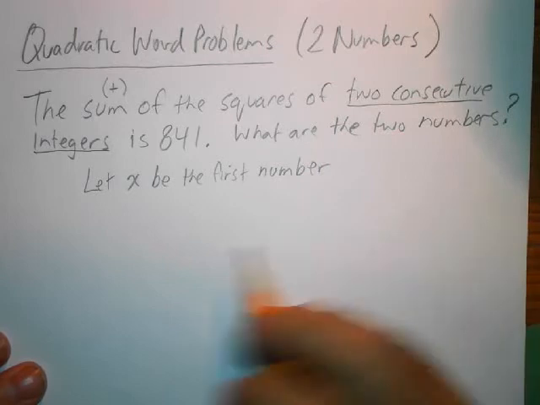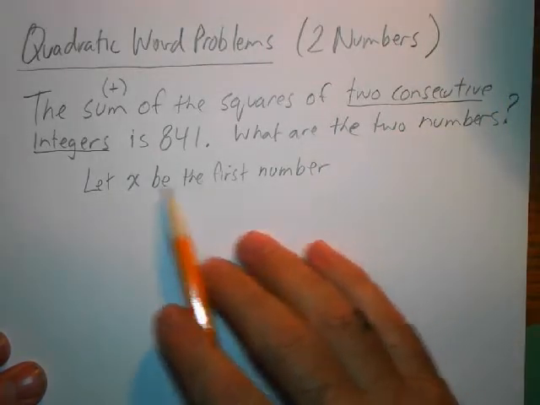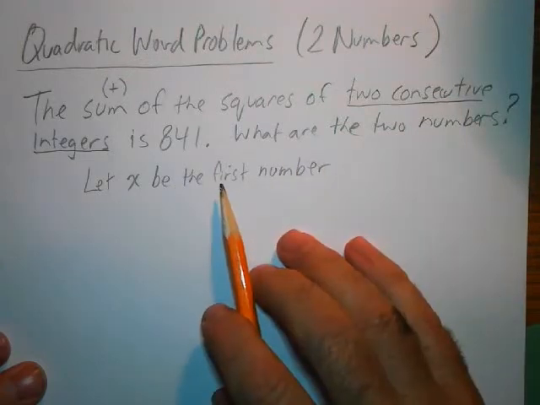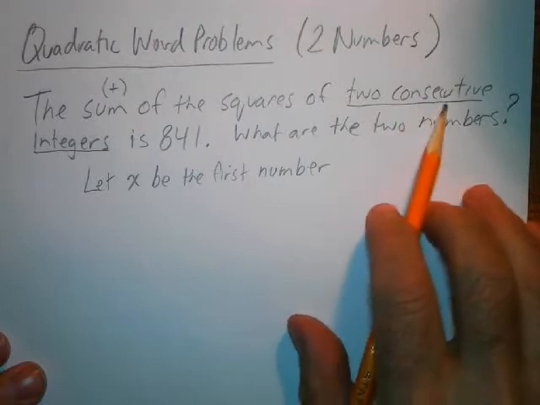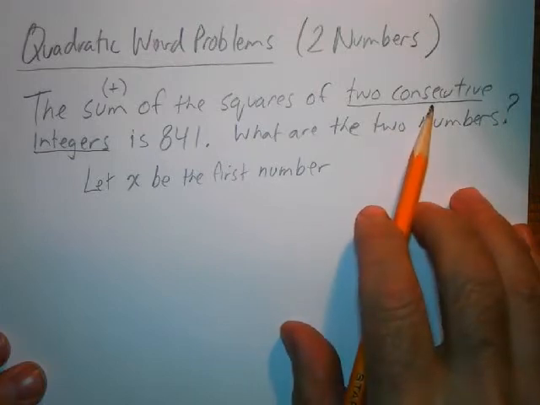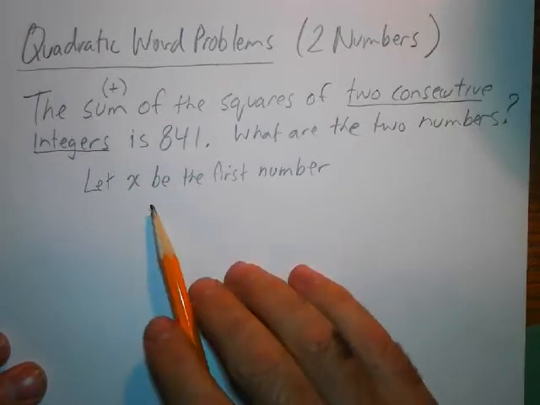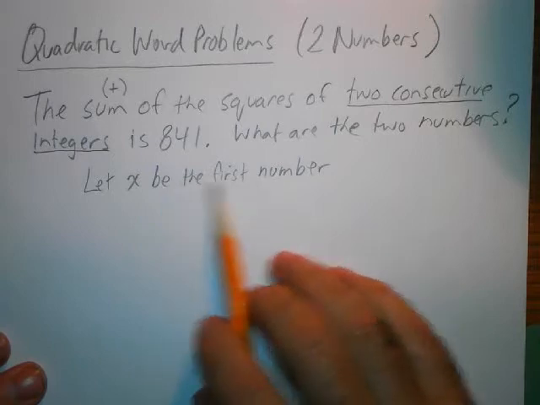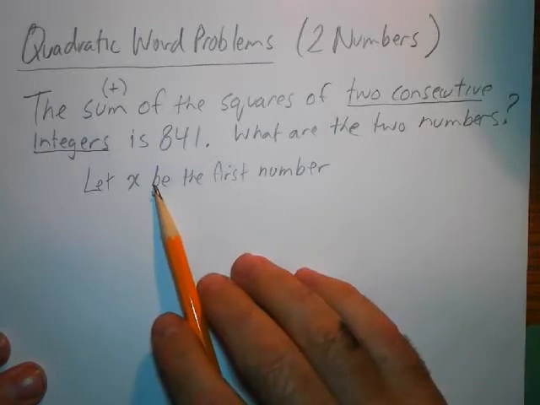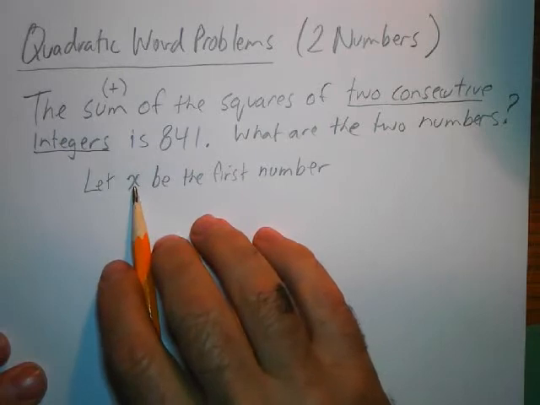Okay, so for example, maybe the number is 5. Okay, so if the first number really was 5, well, what would the second number be? Well, it's consecutive. So consecutive means in a row. So if one was 5, the other one could be 4, could be 6. So in this case, if we assume that x is the lower number, then the higher number would be one more than x.